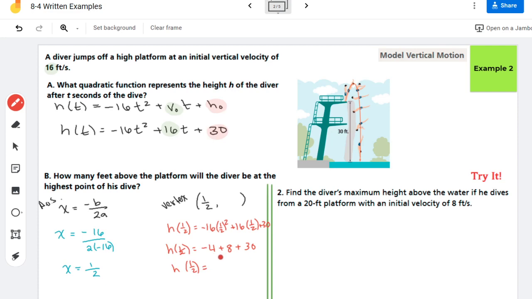And if I add negative 4, 8, and 30, I get 34. So at 1/2 second, because our x value, I really should have called it a t, is talking about our time, he's 34 feet in the air. And so that is the maximum height.